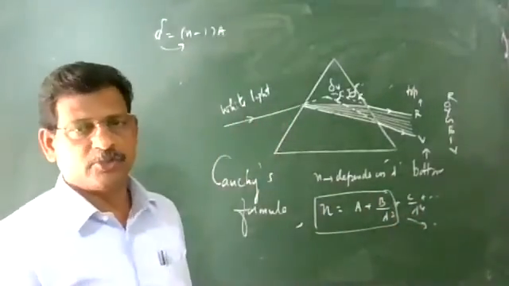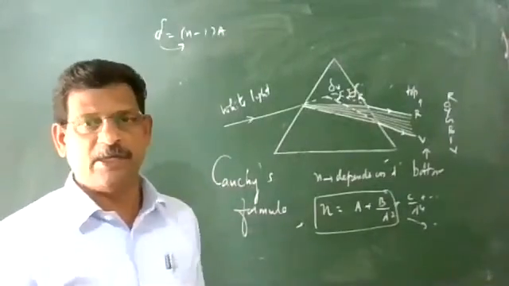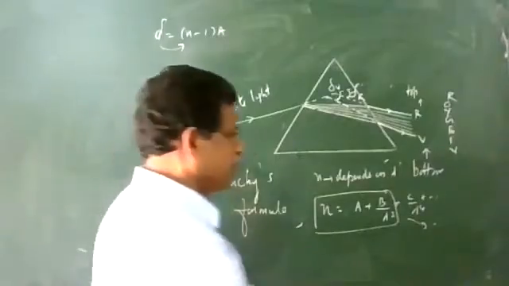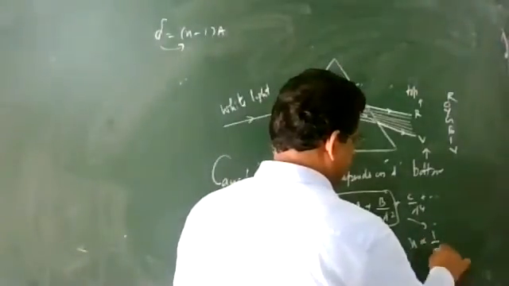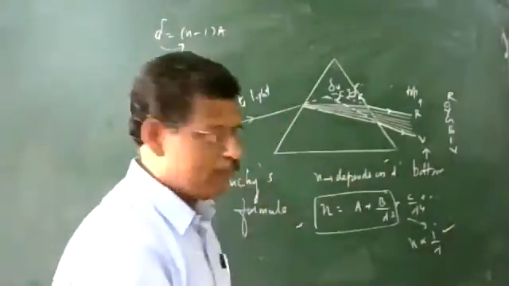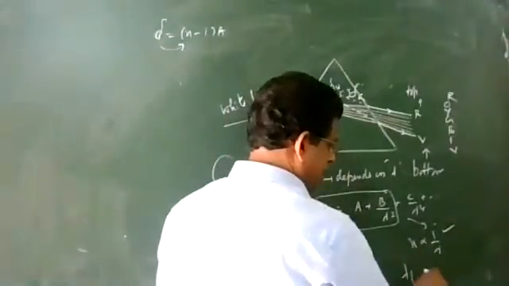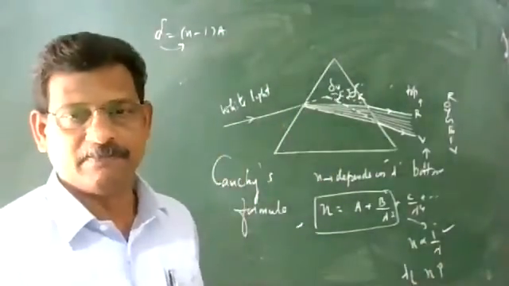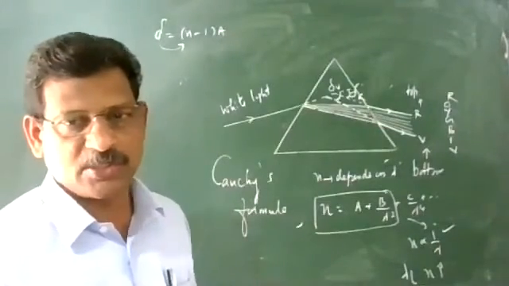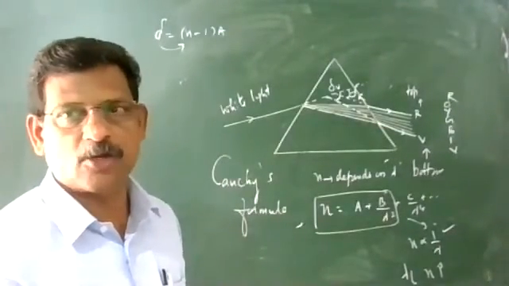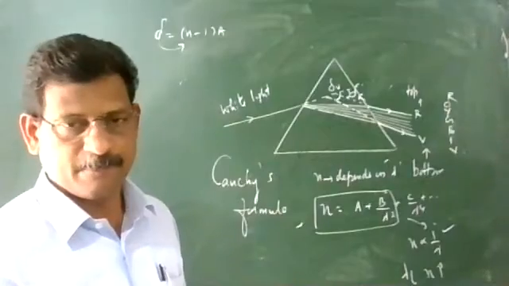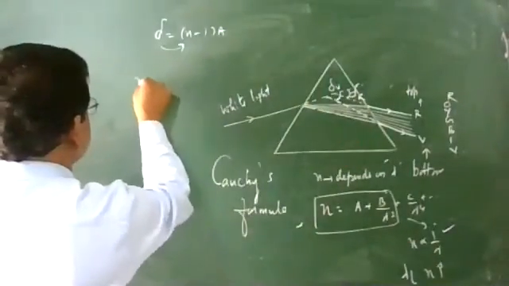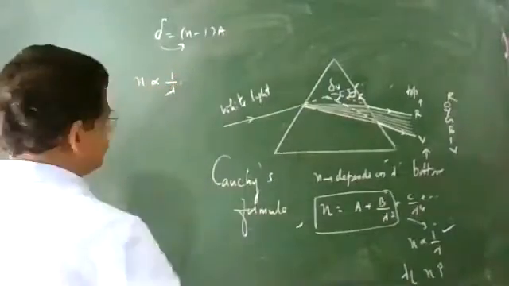At least you have to remember that n is inversely proportional to wavelength. If wavelength is less, then the refractive index will be more for that color in that medium. A and B are constants, Cauchy's constants. So here we write n is inversely proportional to wavelength.